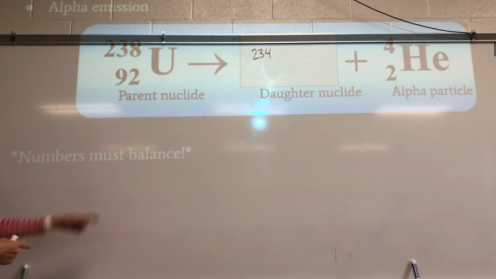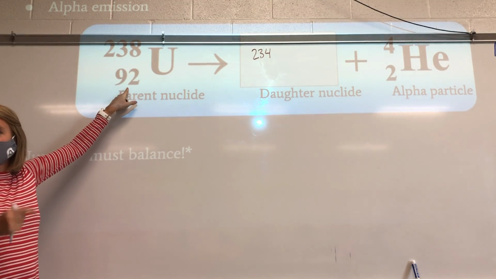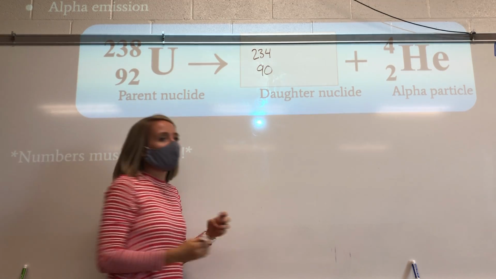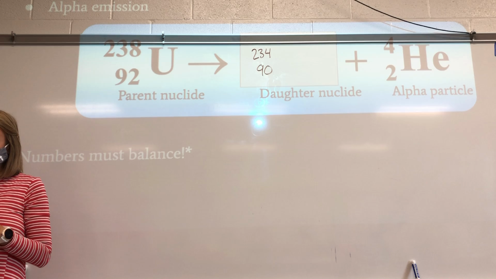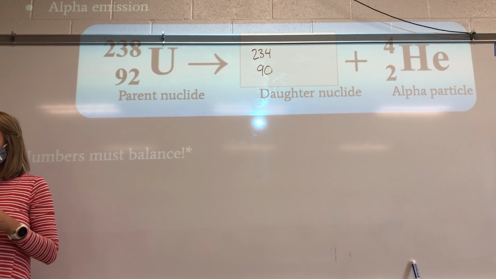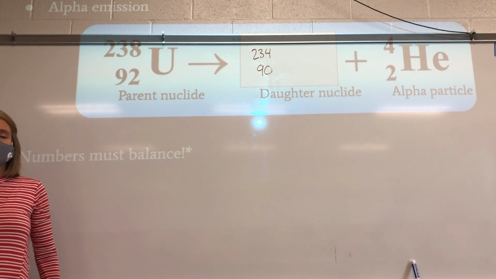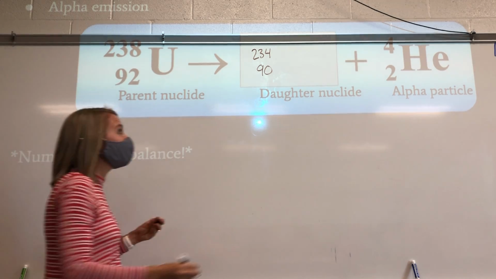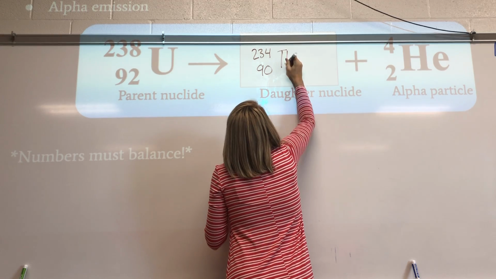For the bottom number, we had 92 protons. I kicked out 2 of them, so now I only have 90 protons left. Does that mean we can look at the periodic table and find the element that's 90? Brilliant, Rachel. Find element 90. Thorium, Th.